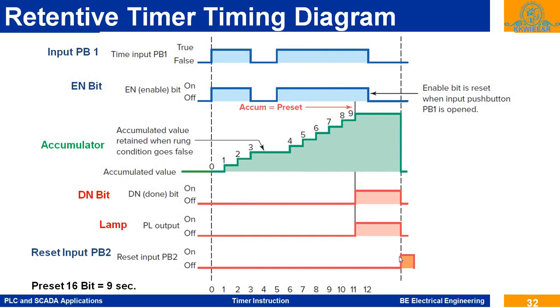When this reset instruction is true, your accumulator value changes from 9 to 0, and the done bit is reset to 0. So in this way, this retentive type timer instruction works.